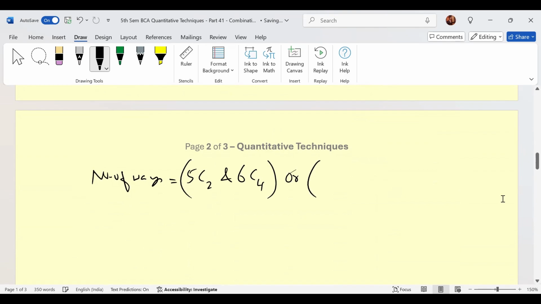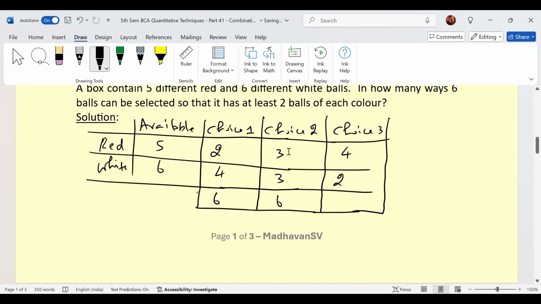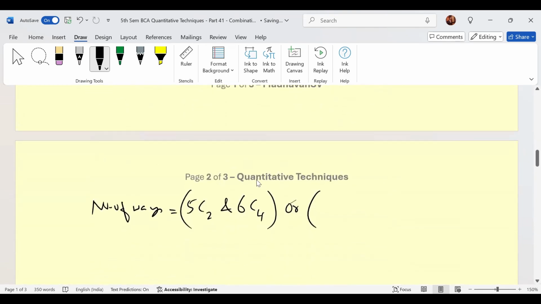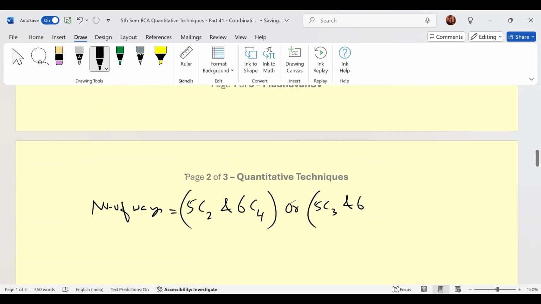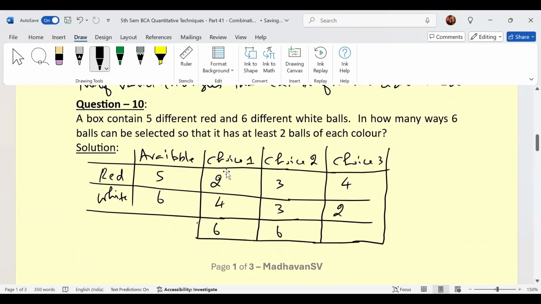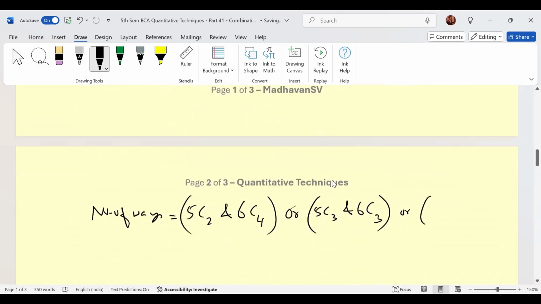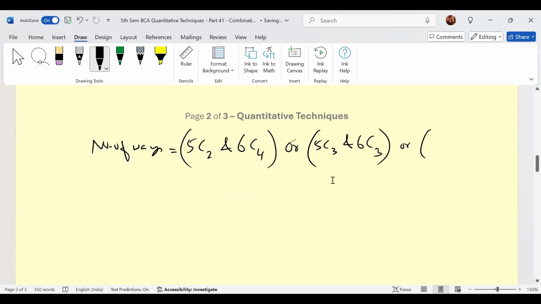Or we need to choose 3 out of these 5, 5C3, and choosing 3 out of 6. Or 4 out of 5 and 2 out of 6. So 5C4 and 6C2.